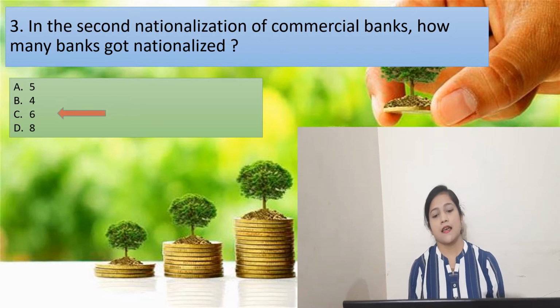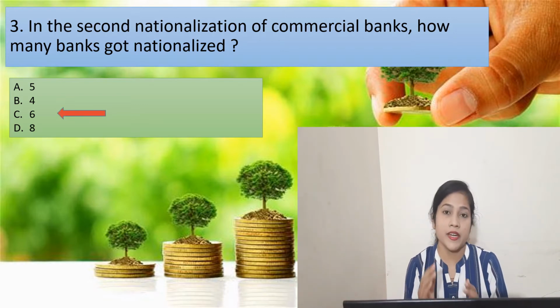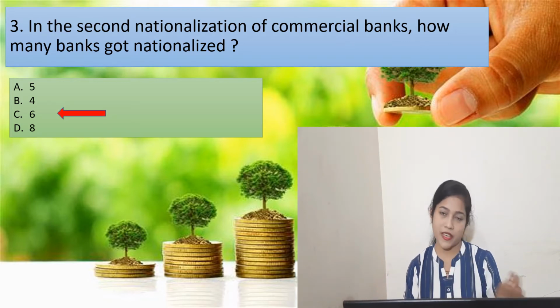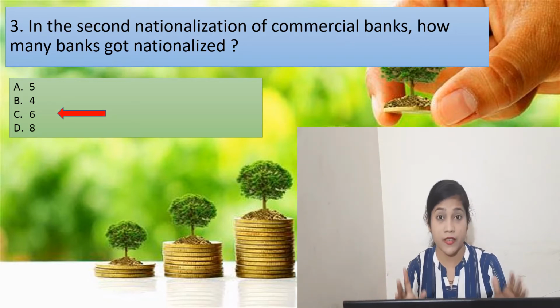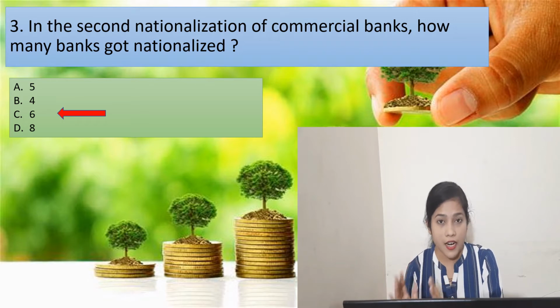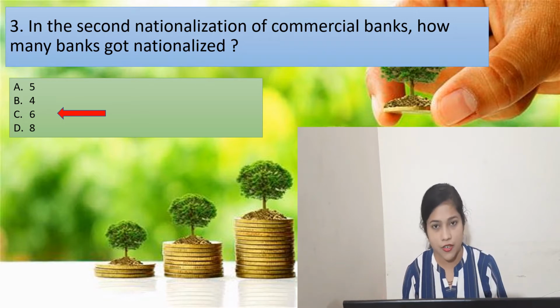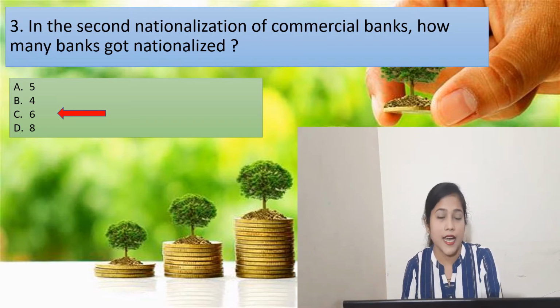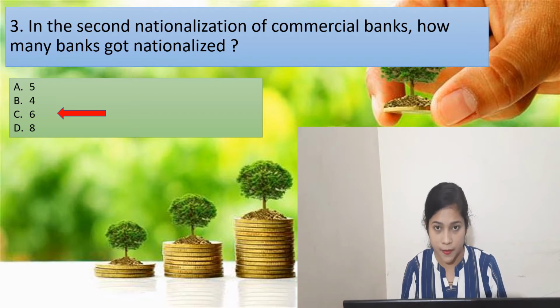Why 6? Because till now only 20 banks got nationalized, in two phases. The first phase was on July 19th, 1969, when the 14 largest commercial banks got nationalized. After that, the second nationalization occurred in 1980, and only 6 banks got nationalized.